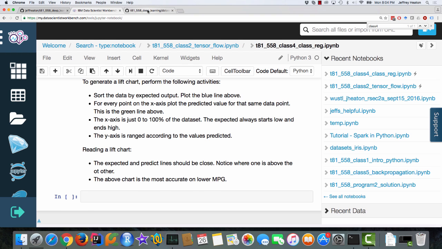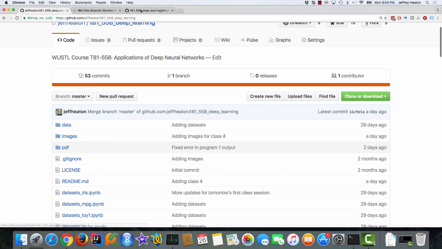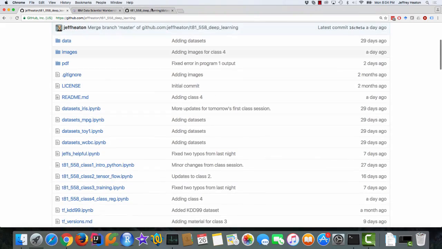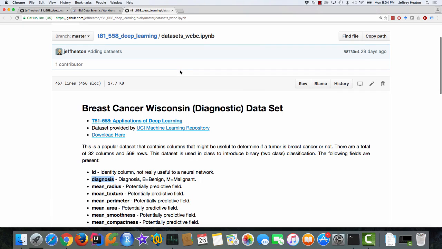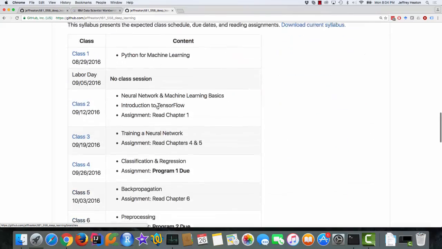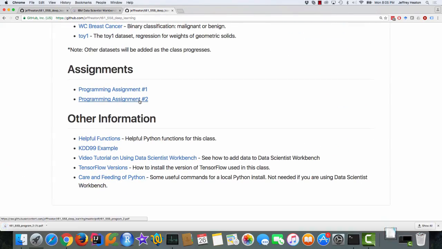So the next programming assignment, and there's a link to it in Blackboard as well, but I have it out here. There it is. So it's very similar.